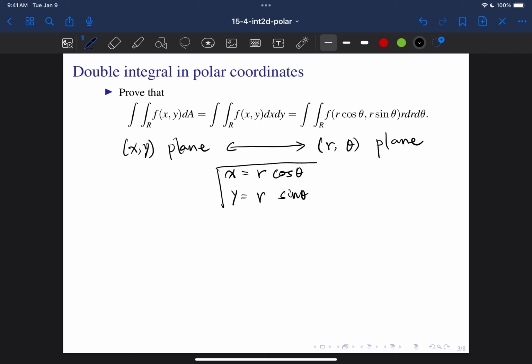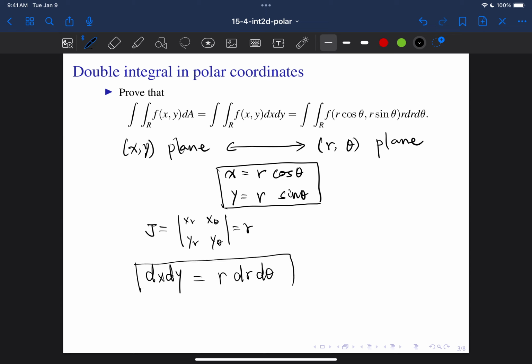So this is a substitution from the xy plane to the r theta plane. And the Jacobian here is basically r, which can be computed by evaluating the determinant. So eventually our main conclusion for this double integral is dx dy is equal to r dr d theta.